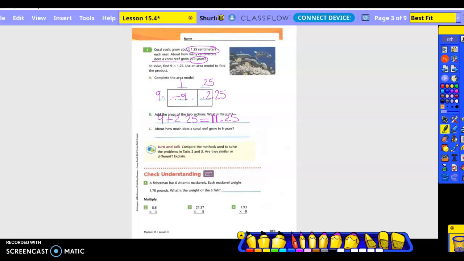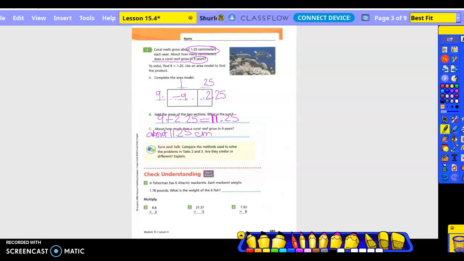So about how much does a coral reef grow in 9 years? About 11 and 2,500 centimeters, because they use the word about as well, right?